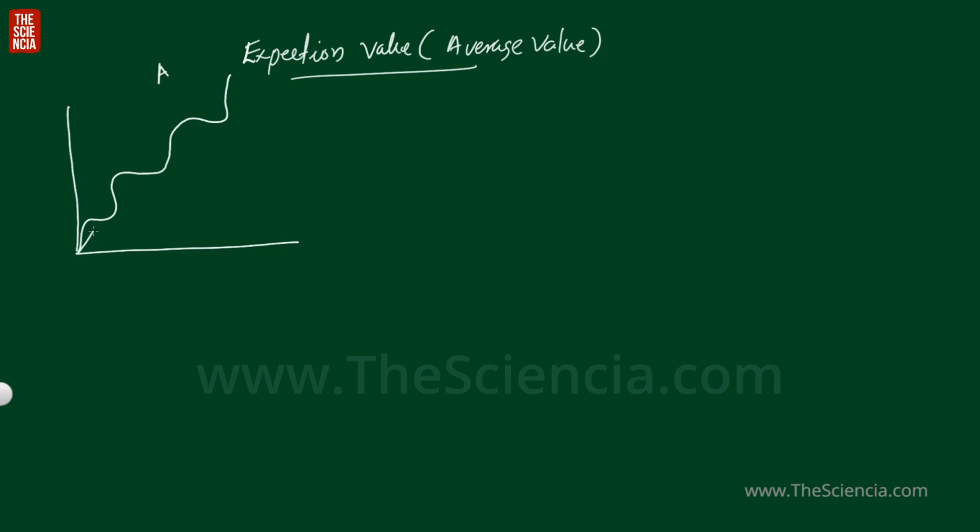So what do we get? We get a line like this, right? So this is average A. And here you can easily see there is a difference between the real quantity A and its average value. And we can find out its RMS value of deviation.